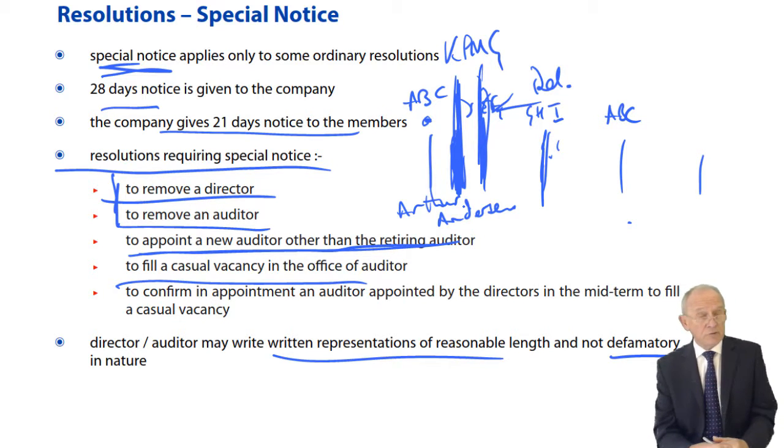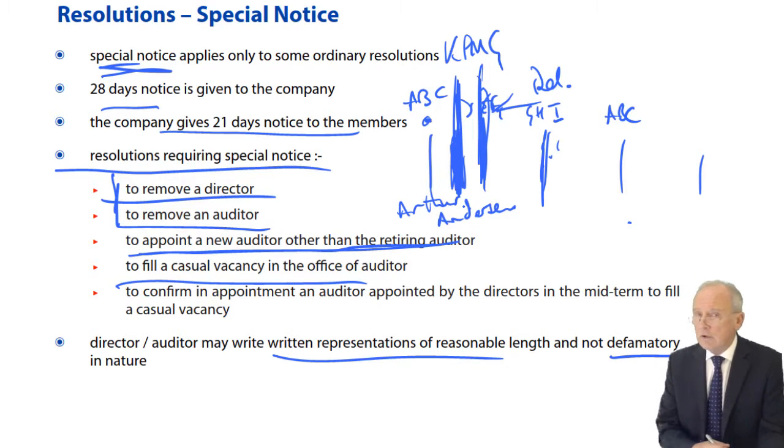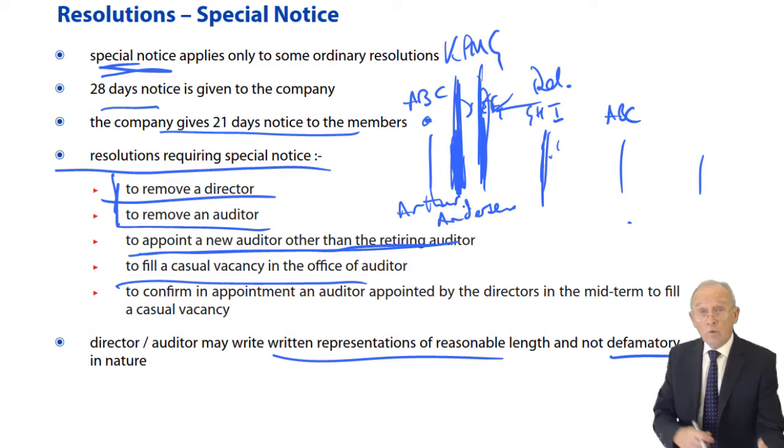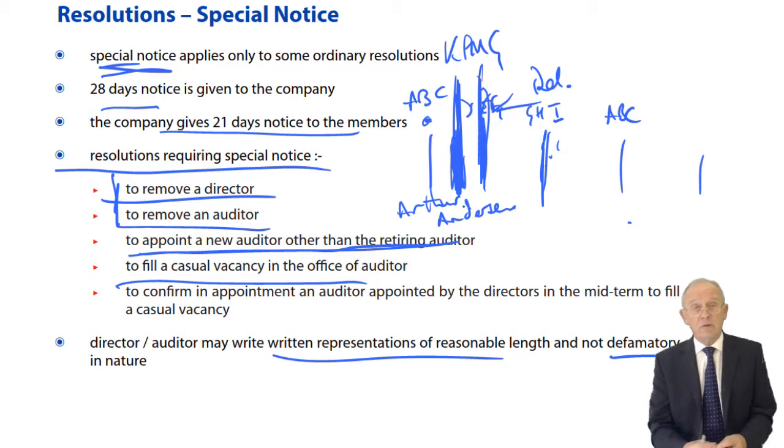But we can't do this without your approval by ordinary resolution with special notice. So we're giving you notification of a general meeting to be held in not less than 21 days' time, where the purpose of the meeting is to discuss and, if thought fit, to approve Ernst Young as auditors in replacement of Arthur Anderson.